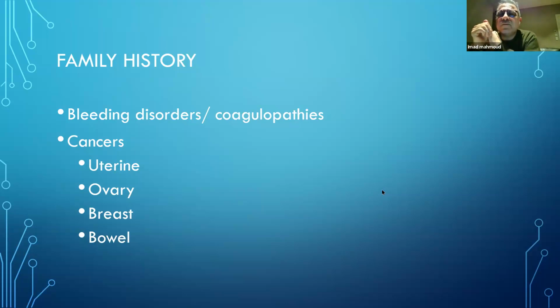So we've gone through it, but I might summarize it. If someone comes to you and she's postmenopausal, she's having vaginal bleeding. Any postmenopausal bleeding, you need to think about cervical cancer, uterine cancer. Exactly.